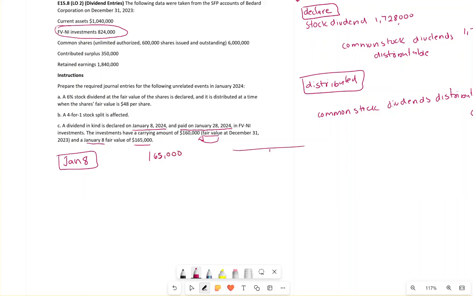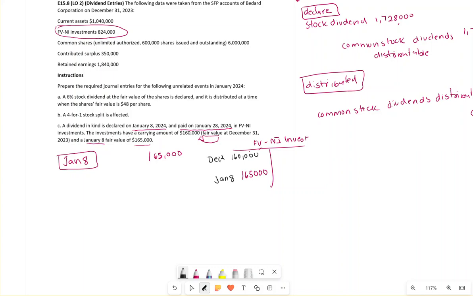But if you look at it, in our fair value net income investment, we have 824,000, but we're not giving out the whole 824,000 as dividend in kind. What we're giving out is 165,000. But before we get to it, the value they told us for this fair value investment was 160,000, which was the value on December 31st, but we declared our dividend on January 8th.